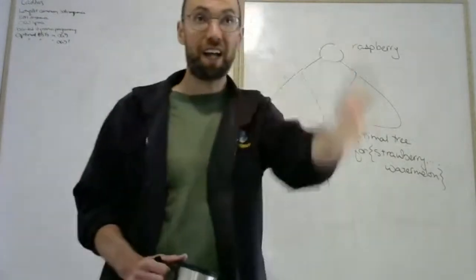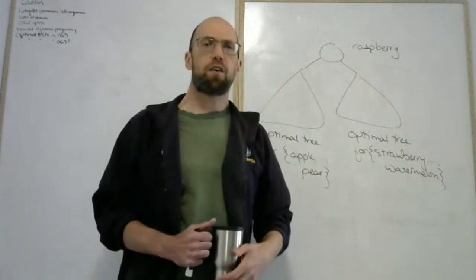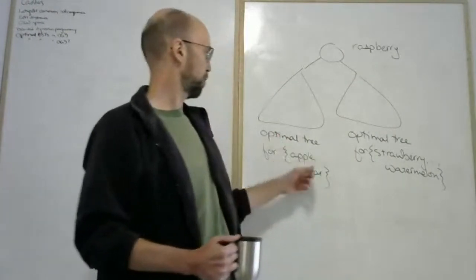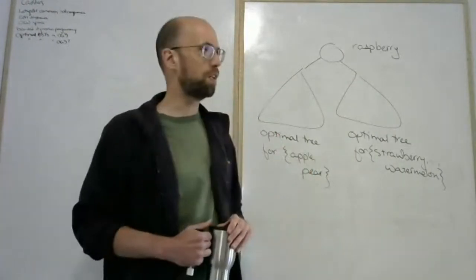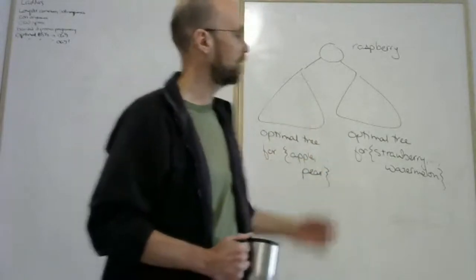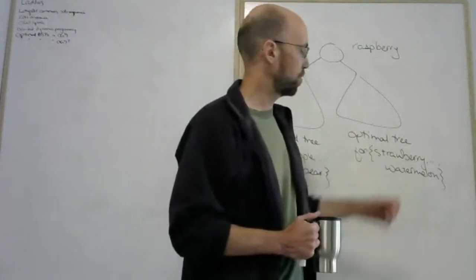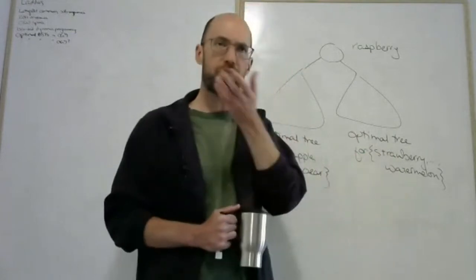So you can ask your weak-willed professor, Prof, what's the cost of an optimal tree on apple to pear? And your prof says, oh, it's this. And then you can ask, what's the cost of an optimal tree on strawberry to watermelon? And your prof says, it's this.